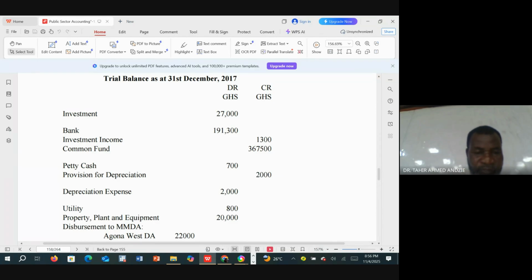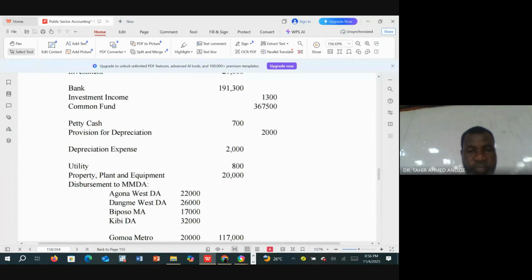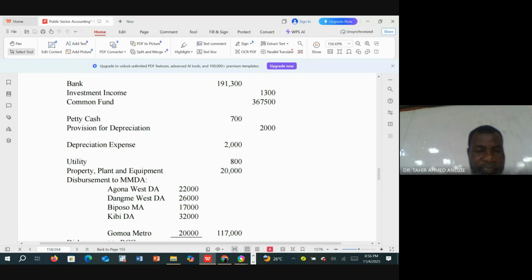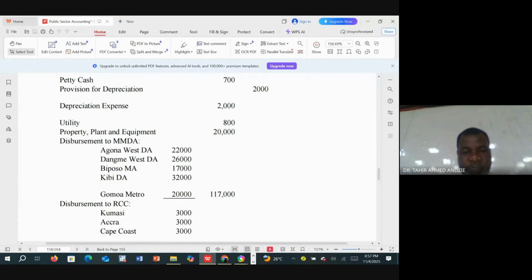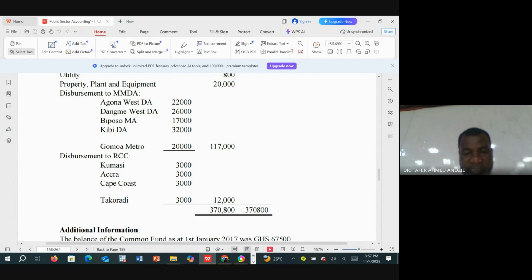So you have the utility, which is an expense, and then you have the property, plant, and equipment, which is an asset. Then disbursement. This is money disbursed to the various district assemblies, and that is going to be an expenditure. So you have the disbursement to the total of them there. Then you have disbursement to the RCC. This is also expenditure. So you have the total balance.